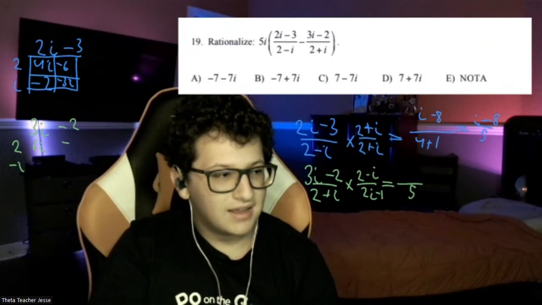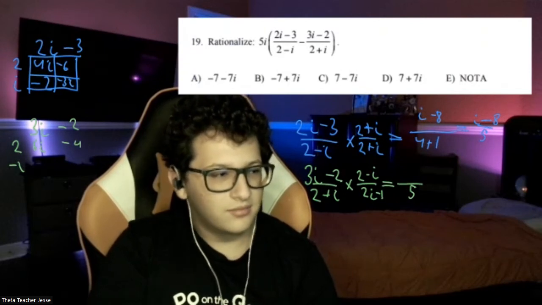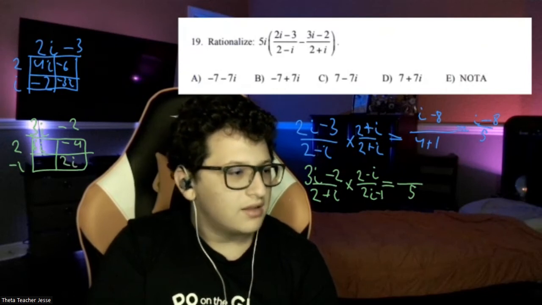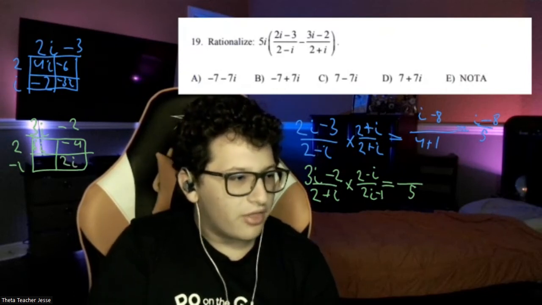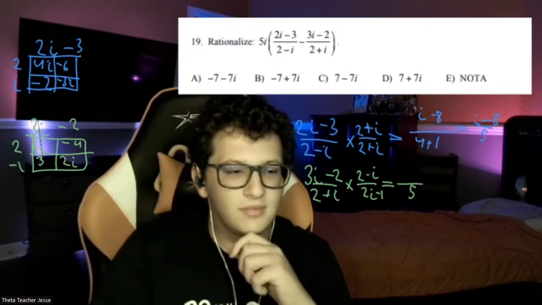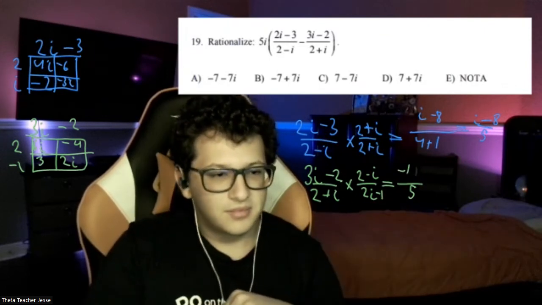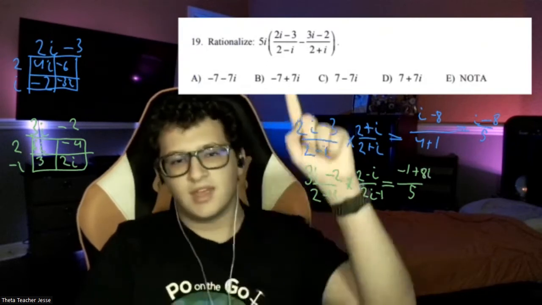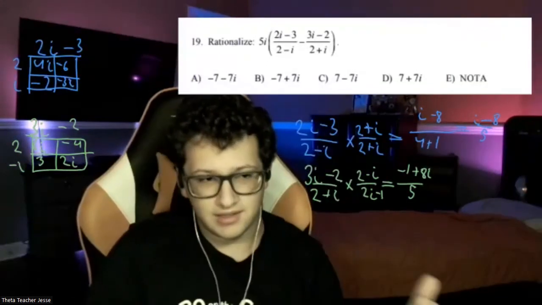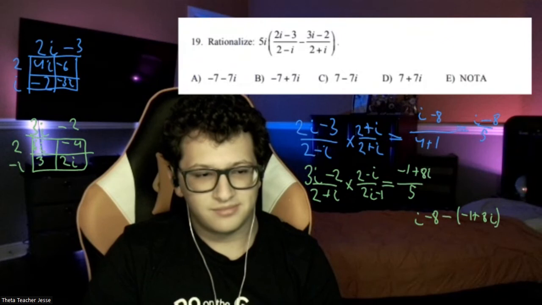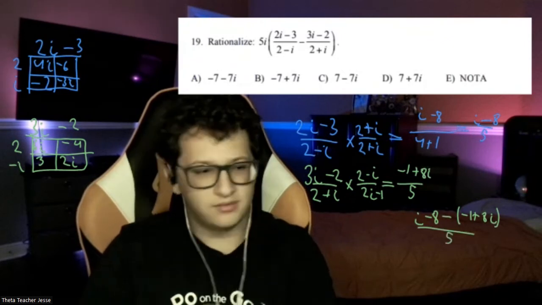That's 6i, negative 4, 2i, and lastly 3. So this is negative 1 plus 8i. And if we go back at the top, we're going to be subtracting this. So it's i minus 8 minus negative 1 plus 8i, all over 5.